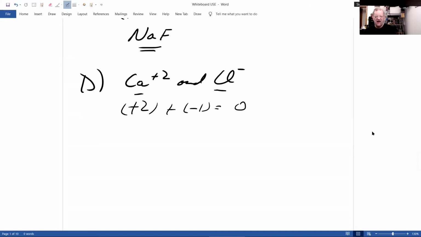And it has to add up to 0. It doesn't. How do we change that? You can't change the charge, but you can change how many. And if I put a 2 there, you'll see that now it adds up to 0, and that means calcium chloride.